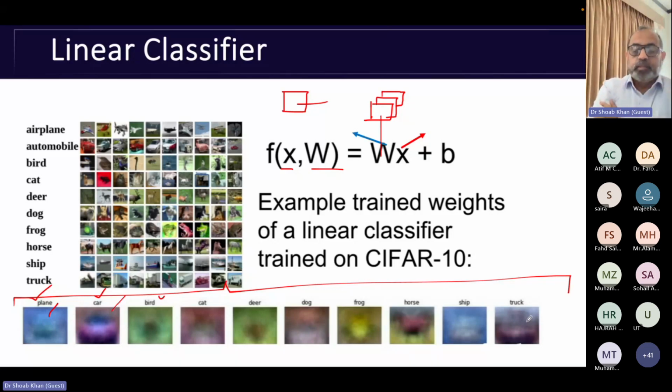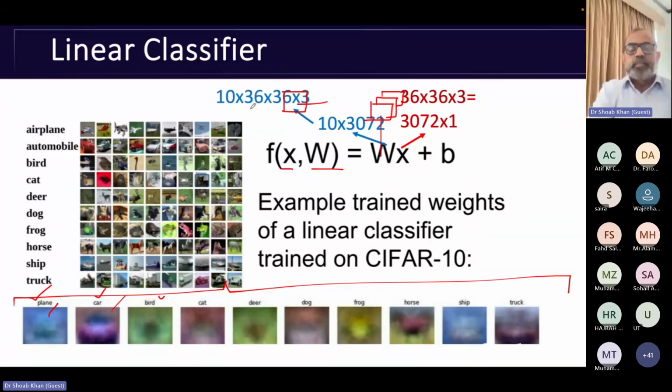So it is 32 by 32 by 3, which is 3072 by 1, and that is x, and W is 10 by 3072. You see this number, and these are the 10 images, the first here, the second here, the third here.